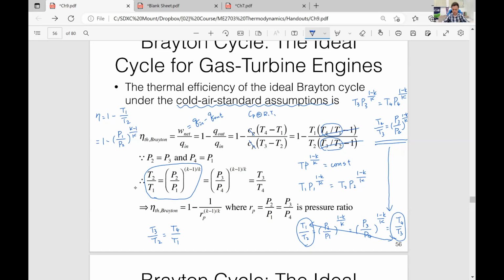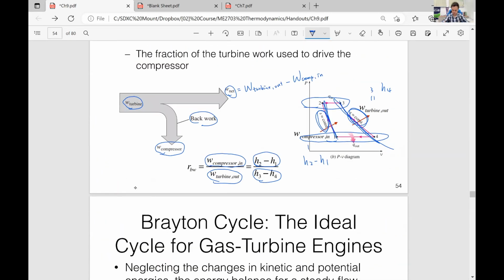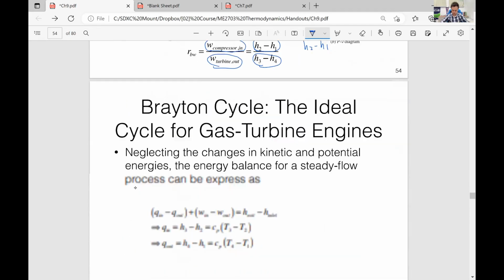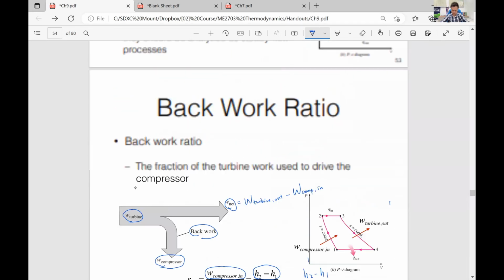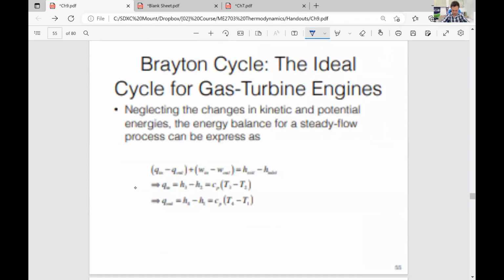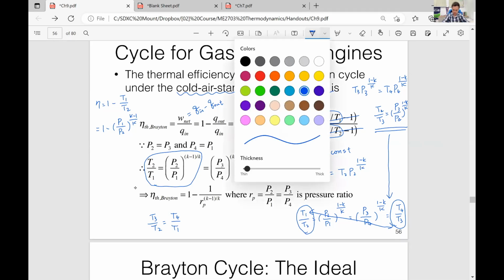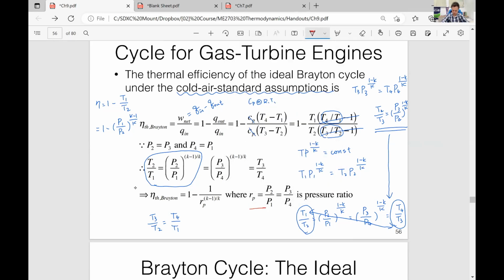So we define a new ratio called pressure ratio. The pressure ratio is defined by P2 over P1.